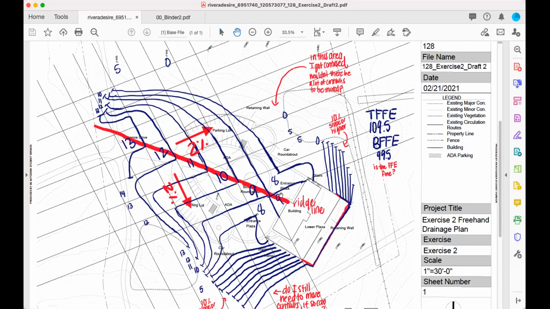So the first thing that you look at is, where is my original contour at the entry drive? If this is 13 and I move my 13 over there, that's okay. It's a little too light, these original ones, so it's a little hard to see.